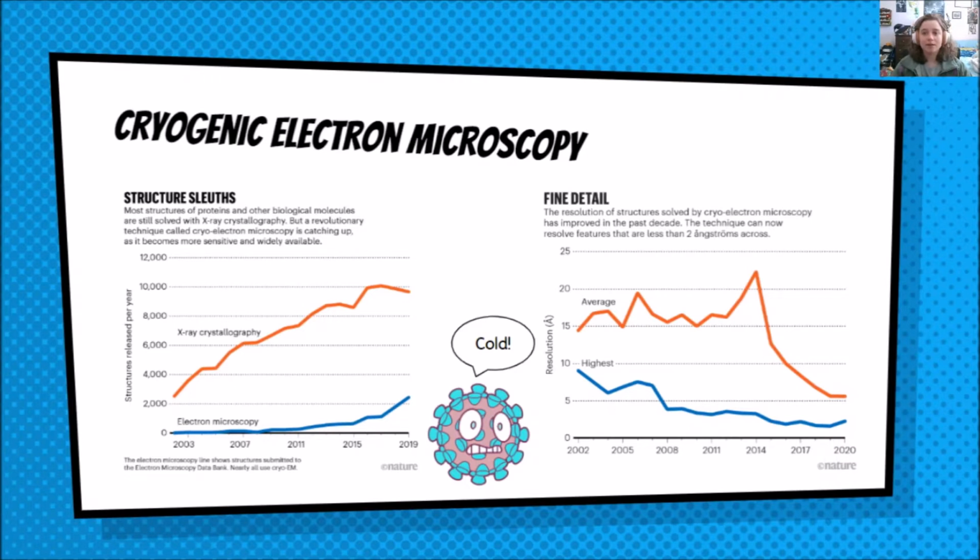What's great about this is that it lets you see the 3D structure of cells, proteins, and other molecules without having to go through all the trouble of crystallizing your analyte, which saves a lot of time. The resolution tends to be lower than X-ray crystallography, but it's been improving as the technology advances, and so it's becoming more and more viable.